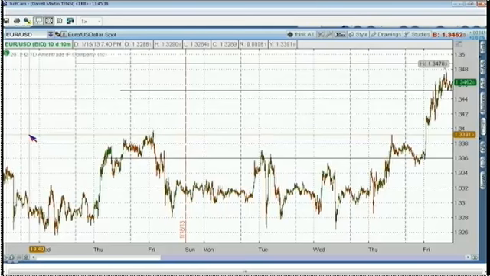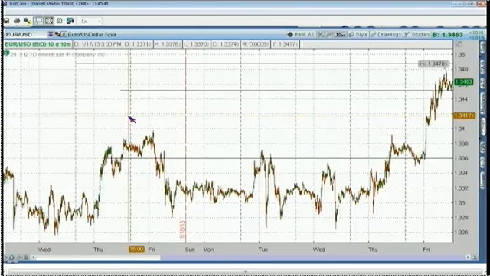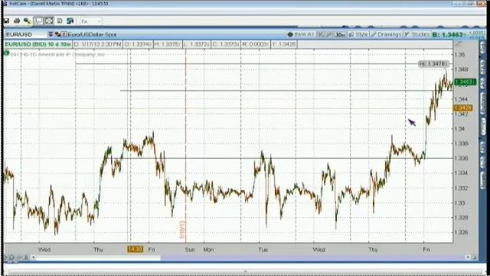So we already got the full deviation. It's sort of chilling out right now. And we would have been able to tighten the stops a few times before that on the way up and take advantage of it. We would have been tightening at 1.3429. So right in here, let me zoom in for you.